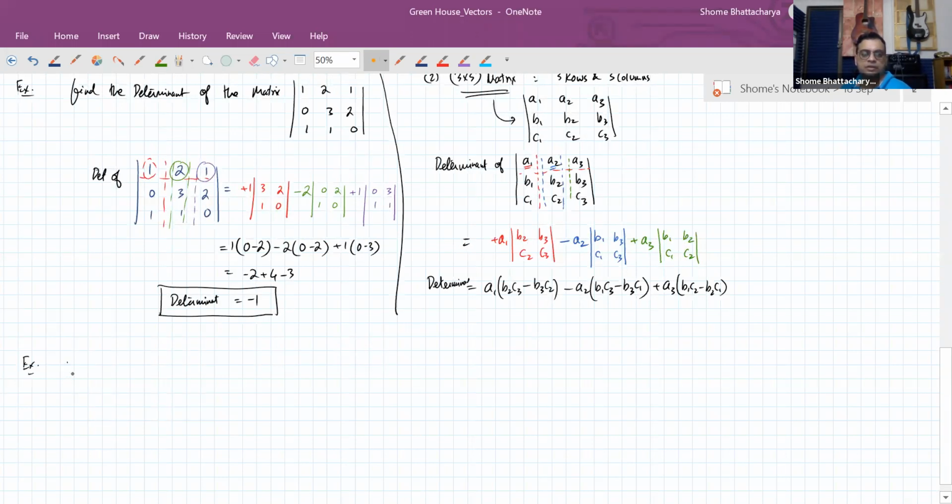So calculate the determinant of, let's say, x, 2x, 0, 1, minus 1, 2, 0, minus 2, 1. Okay, so here you'll get some answer in terms of x. Okay, x is a variable. So calculate how much the determinant of this is. Just try this out, people.